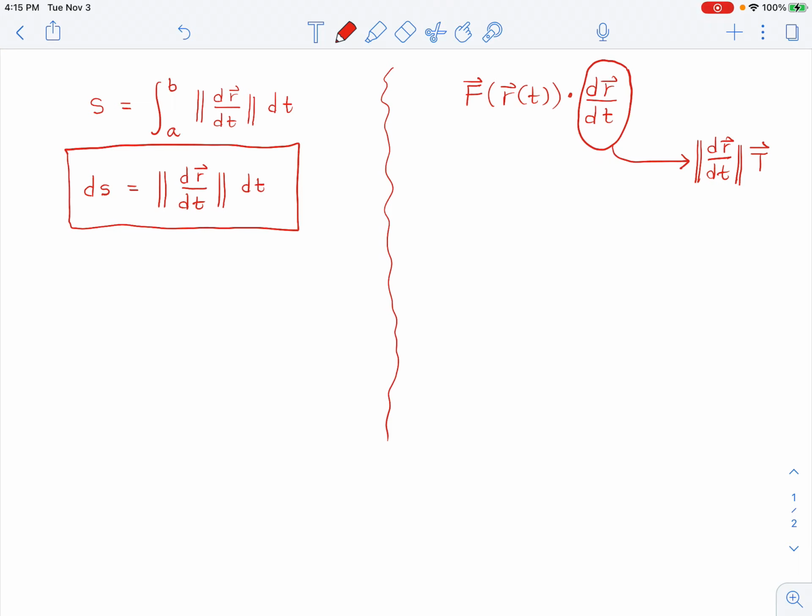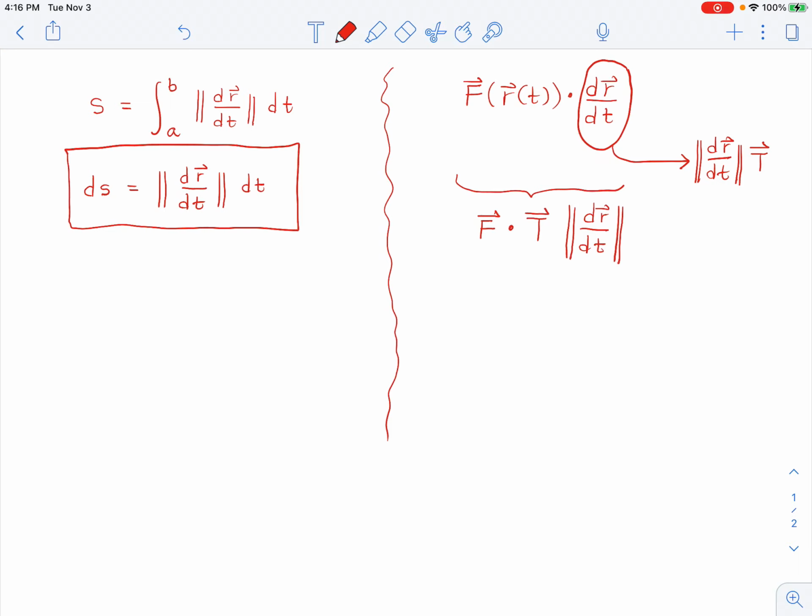Okay. So this same dot product can be rewritten as the force dot product with the unit tangent vector, followed by the magnitude.